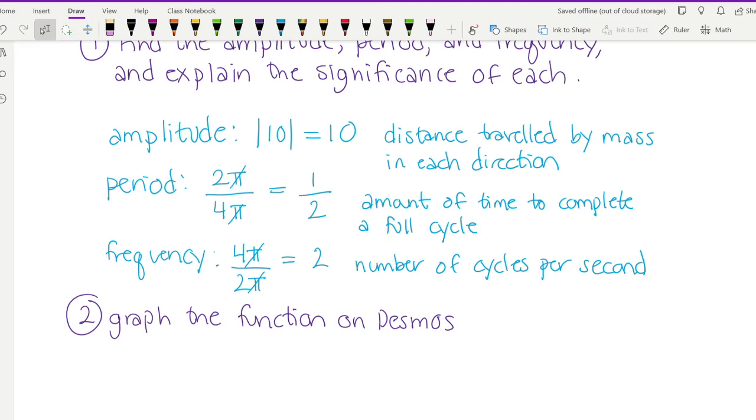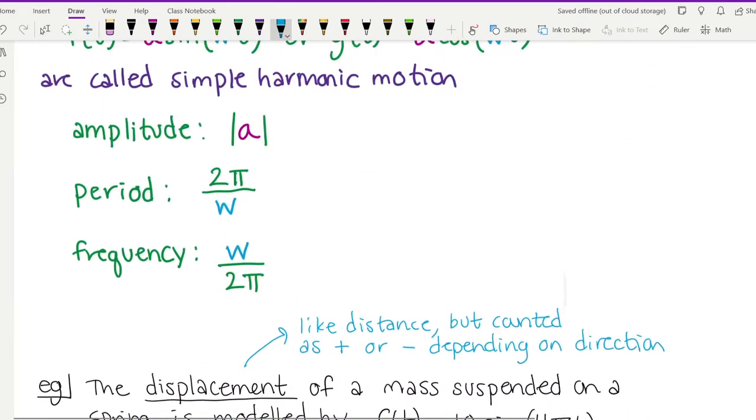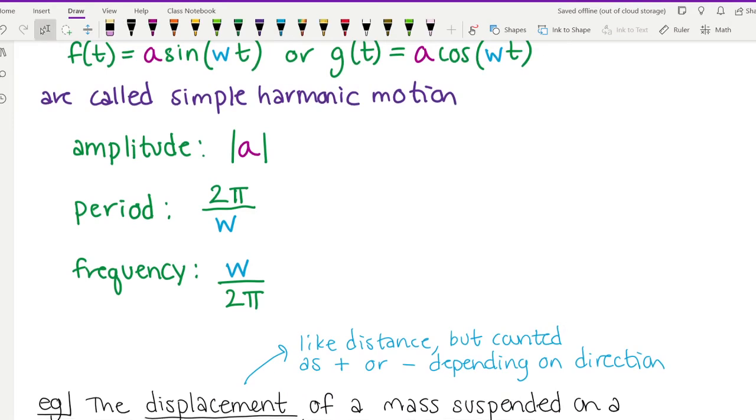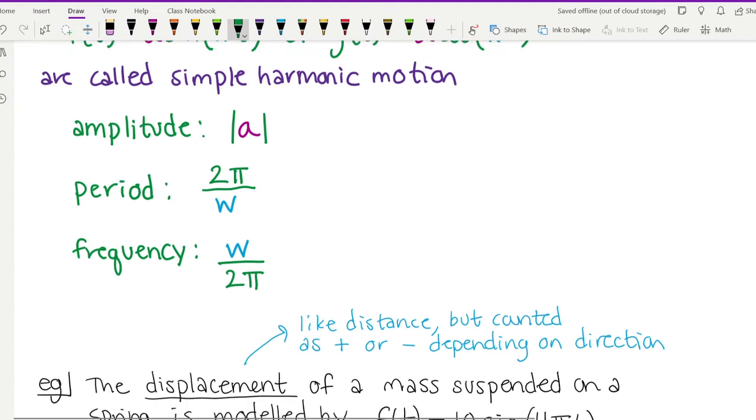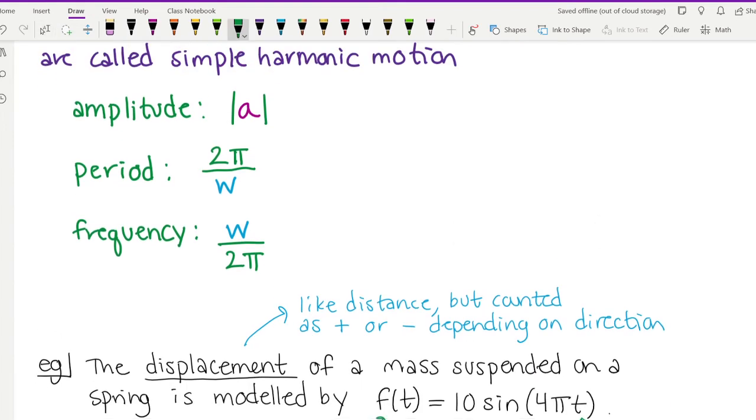So I want to just now take what we figured out here and write it in general as a general rule for amplitude, period, and frequency. So what does amplitude tell us in general? It tells us the maximum distance traveled.